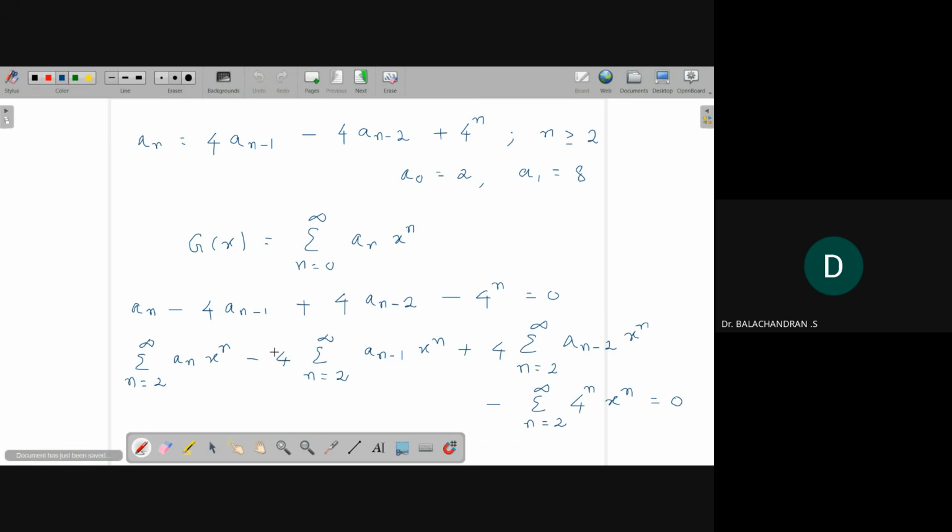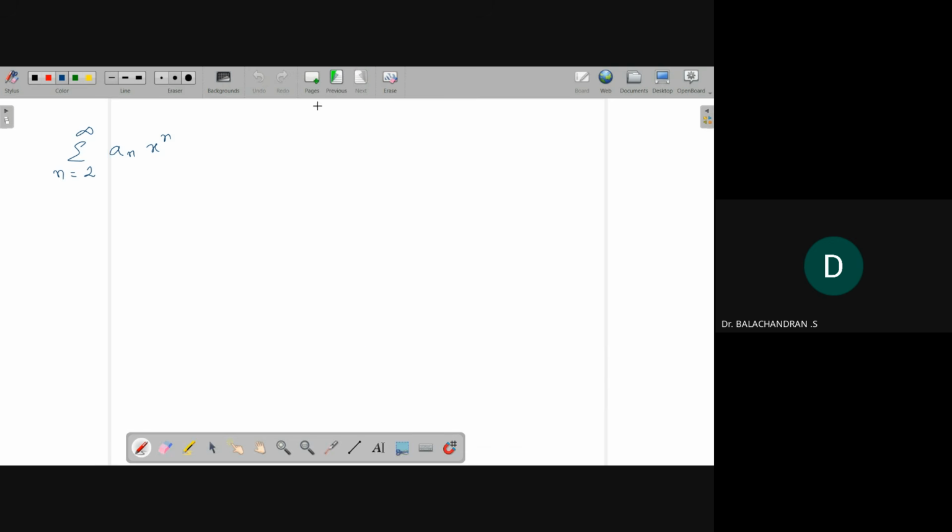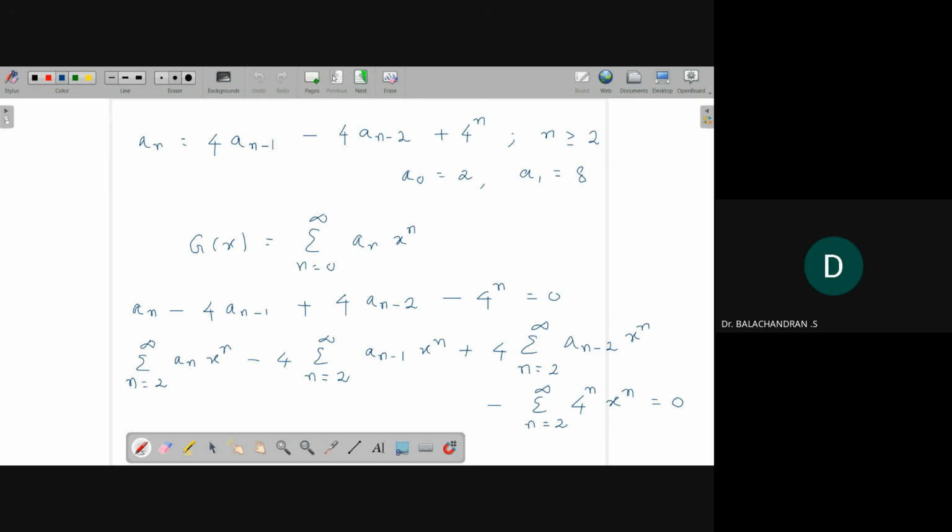That's why I'll take x common, minus 4x into summation n equal to 2 to infinity an minus 1 into x power n minus 1. Okay. Next, here this should be n minus 2.